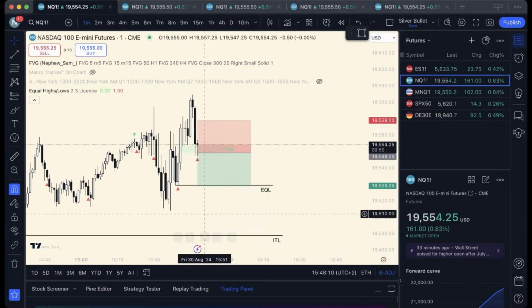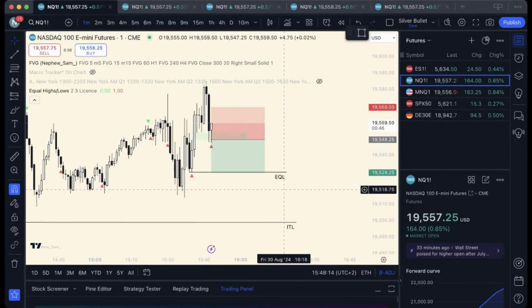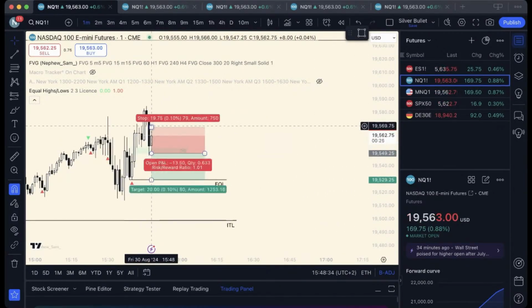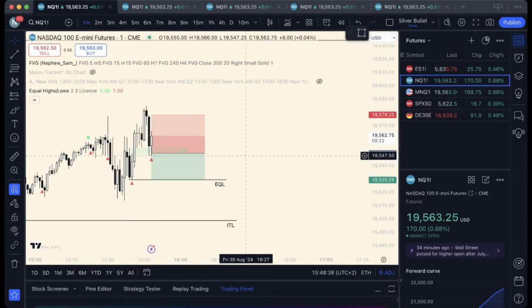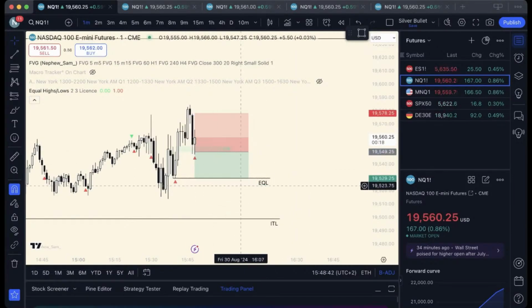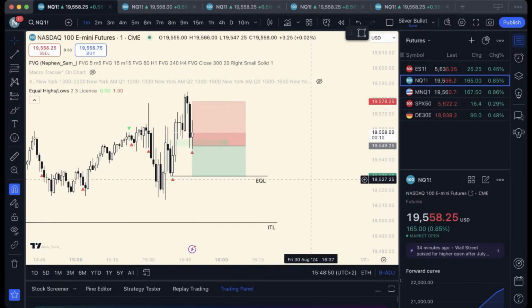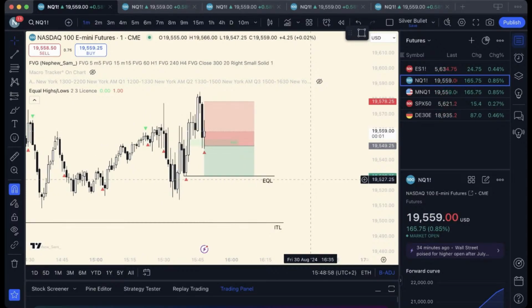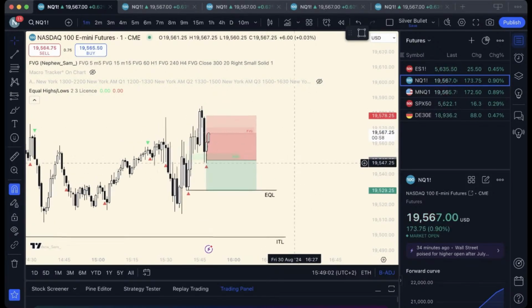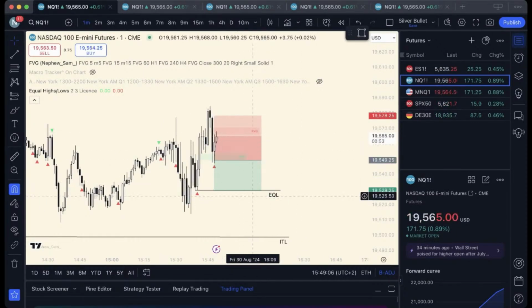Now there's a high chance that we just rush through if we inverse it. I won't take any longs because of those equal lows here.